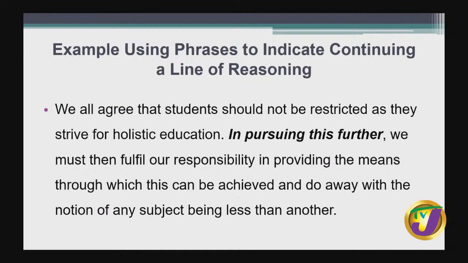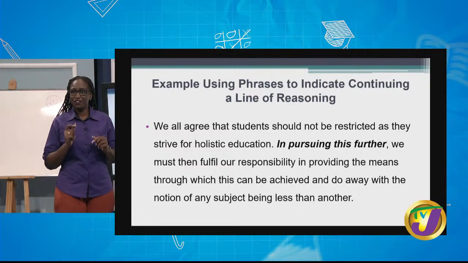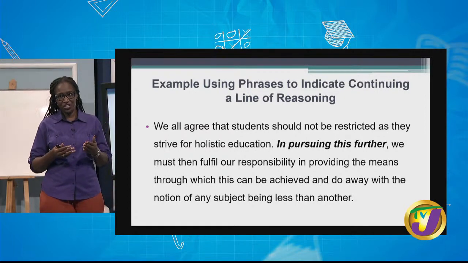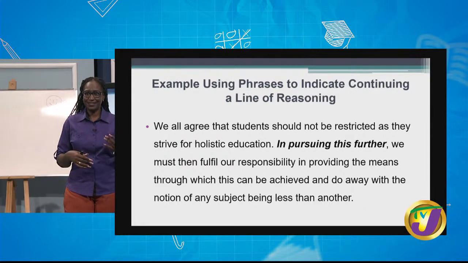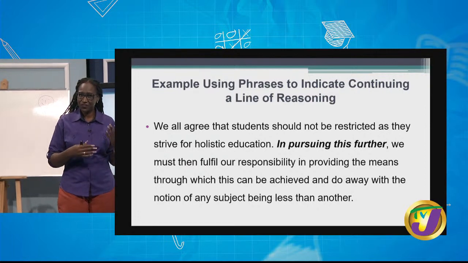So we all agree that students should not be restricted as they strive for holistic education. In pursuing this further, we must then fulfill our responsibility in providing the means through which this can be achieved, and do away with the notion of any subject being less than another. So how have you used "in pursuing this further"?